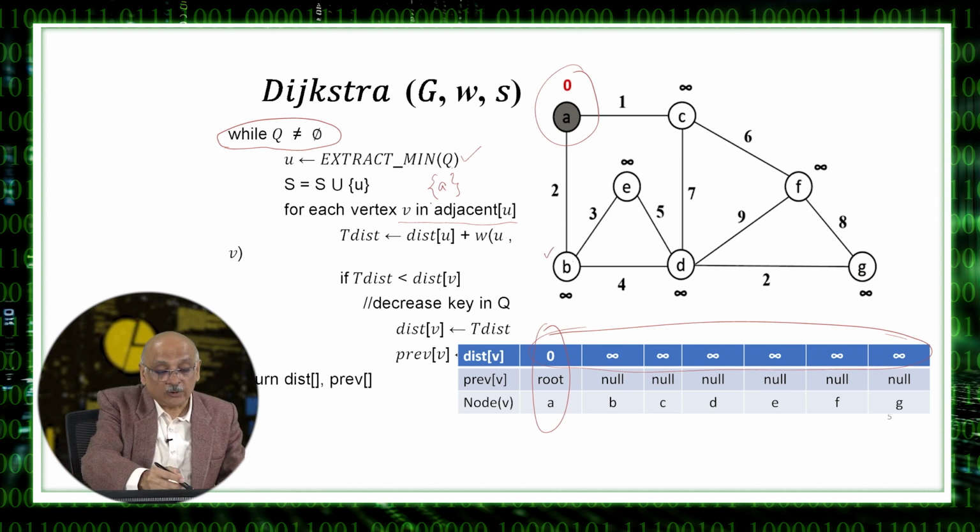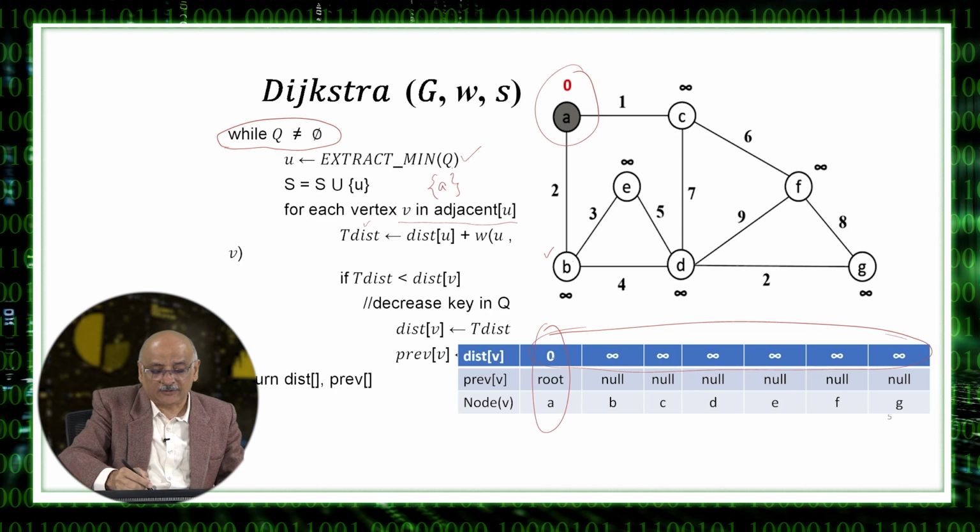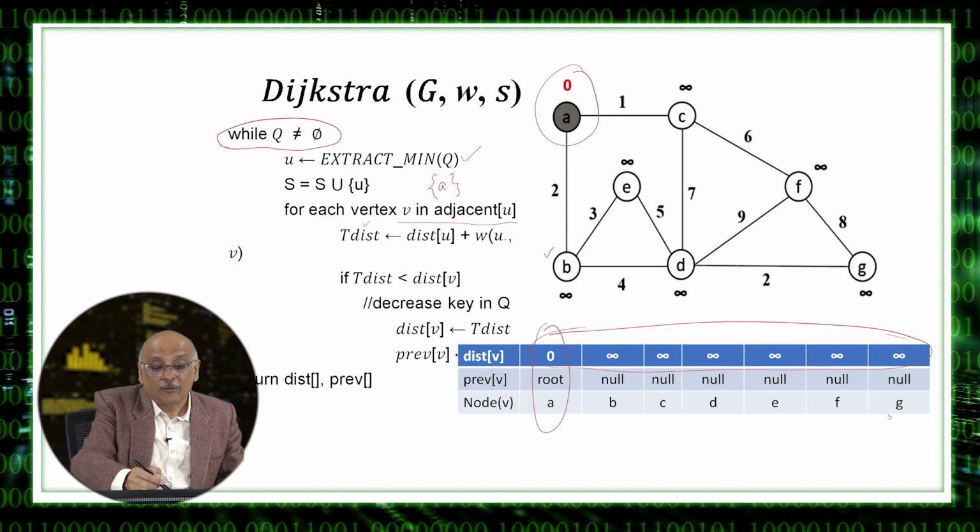Node B. T distance is just a temporary variable. So distance of U. What is the distance of U? The distance of node A is 0, so distance of U is 0, plus weight of UV. The weight of UV is this particular edge, A to B, which is 2.